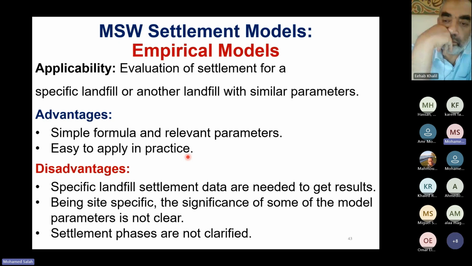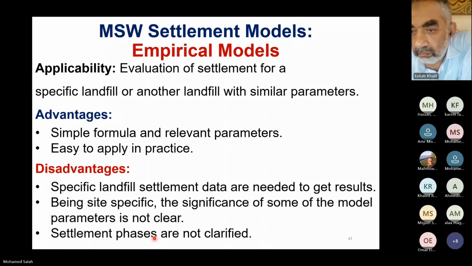Being site specific, you should be very careful using these models. If the waste composition is totally different, then it will not apply to your case. If the ambient environmental condition is not the same, it will not apply to your case. And for sure, these equations might provide you with the total settlement without differentiating between the various settlement phases.